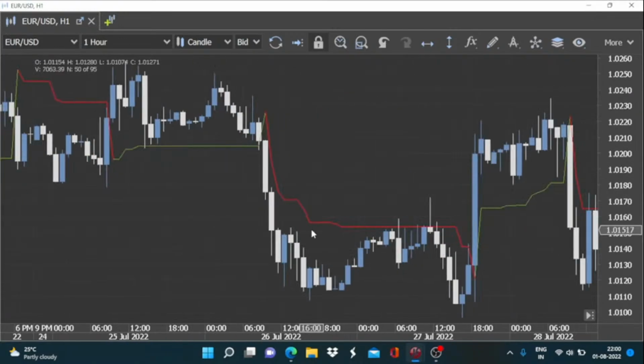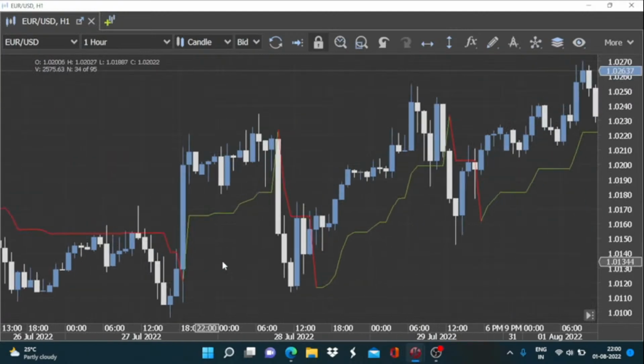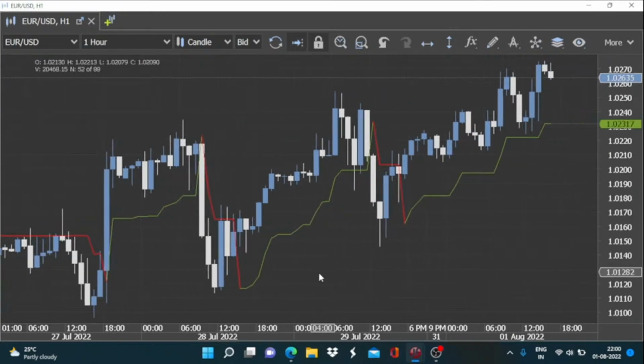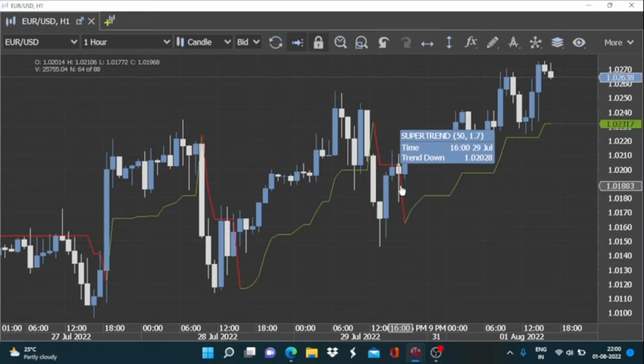So one classical interpretation of this indicator is to go for the long trade as long as the price is above the lower band of this indicator, and if the closing price for the last hour is below these super trend indicators upper band, then that is considered bearish.